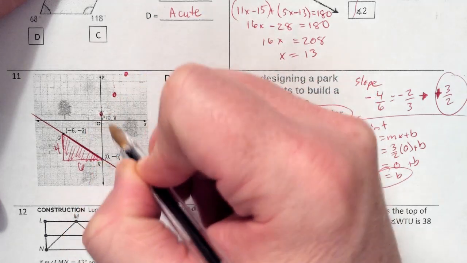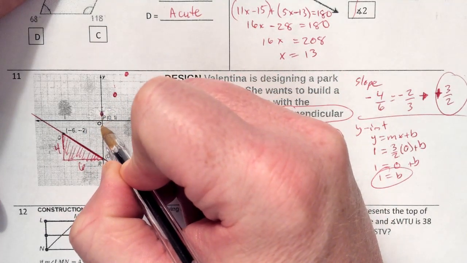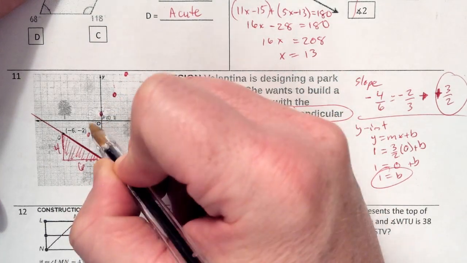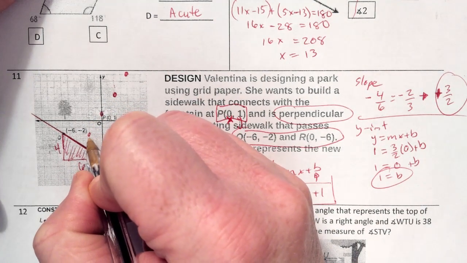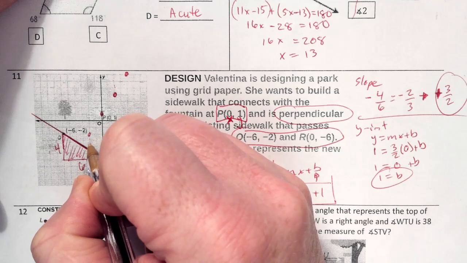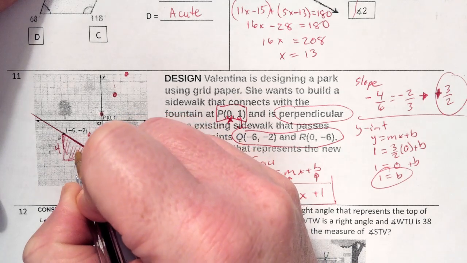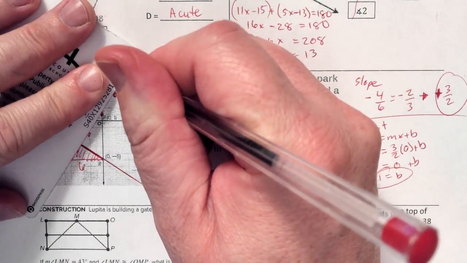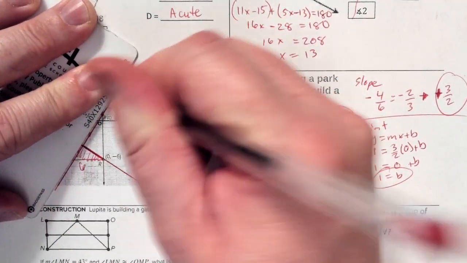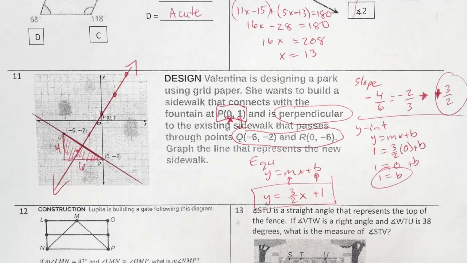And we can do the undo buttons: down 3, back 2. As long as we have the starting points, we should be fine. So graph this line. And look at that. It's perfect.